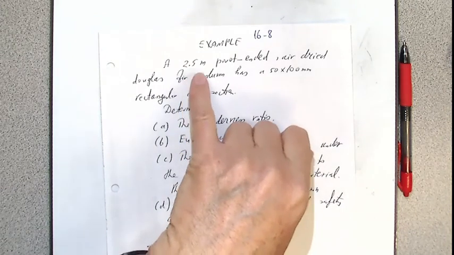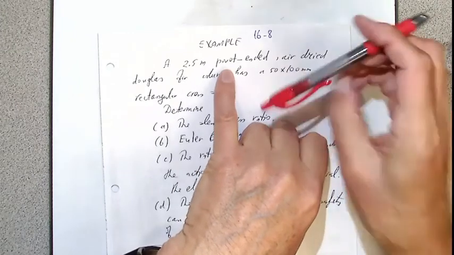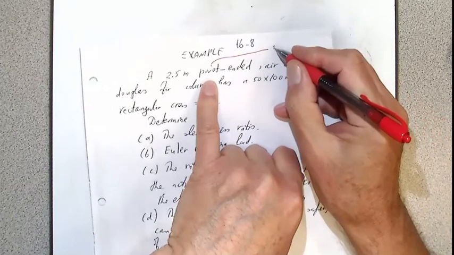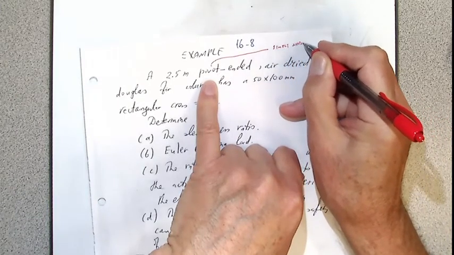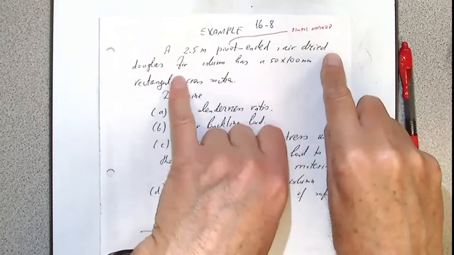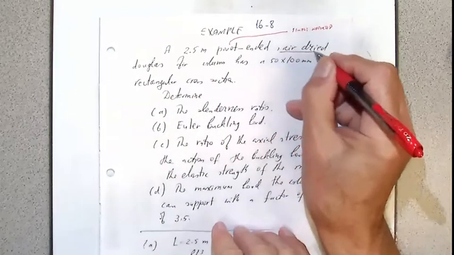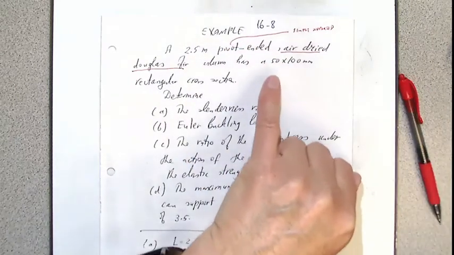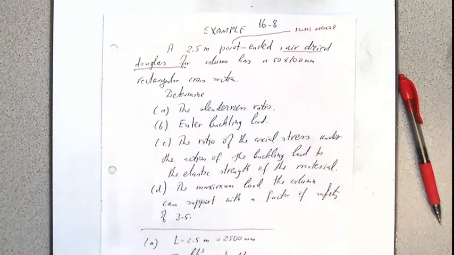A 2.5 meter pivot-ended, meaning simple support, air-dried Douglas fir column, so that is a material, has a 50 by 100 millimeter rectangular cross section.